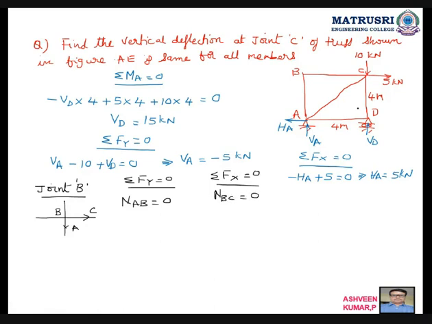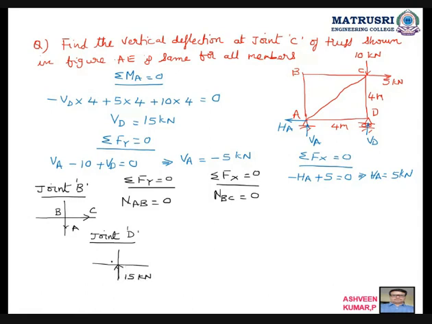Then I'll go for another joint, say joint D. Only these two are there, we can easily find out. I am drawing the force diagram. VD upward, how much you got? 15 kilonewton.